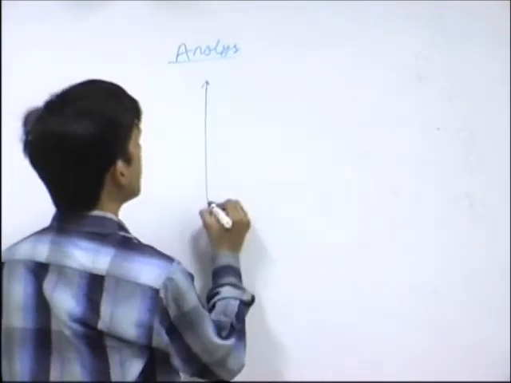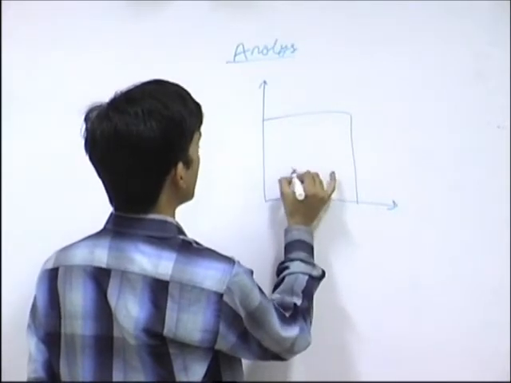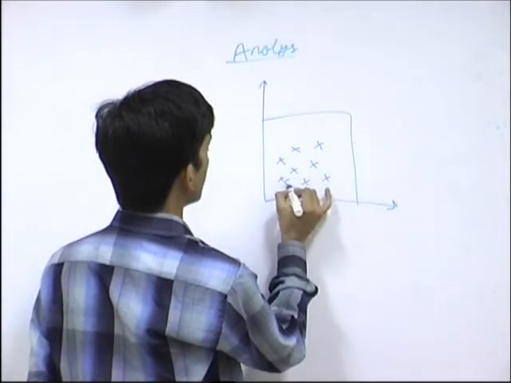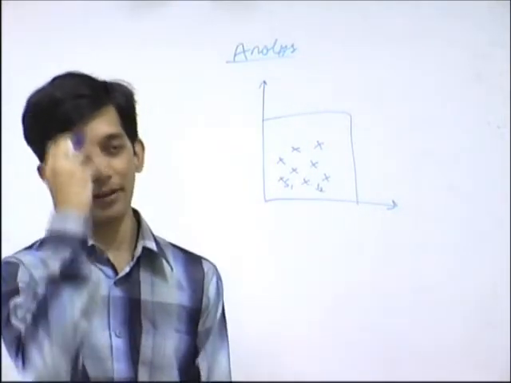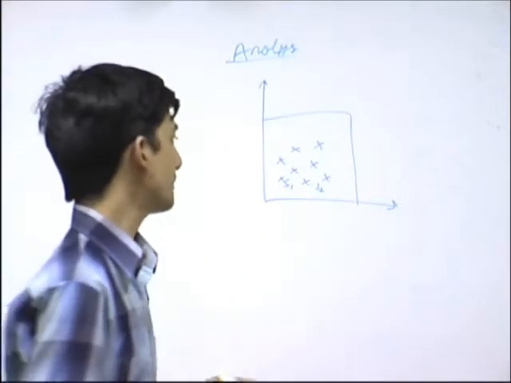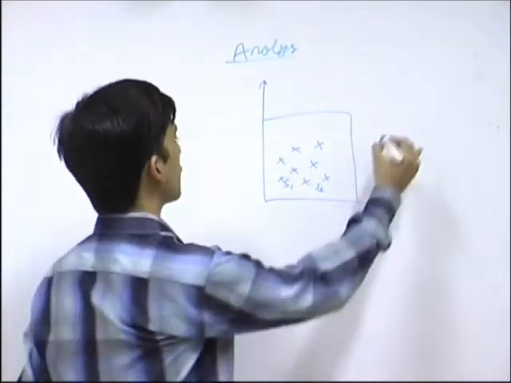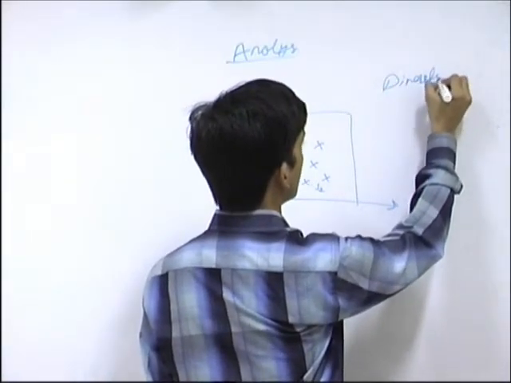Let me denote another point over here. So if these were my individuals, this was S1, this was S2, I introduce a new term known as diversity.